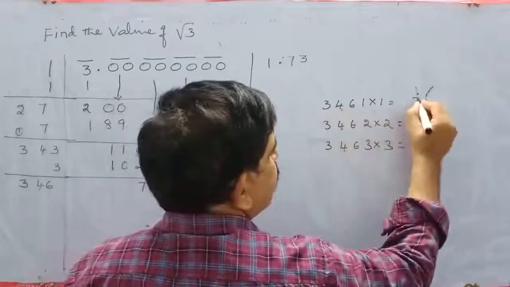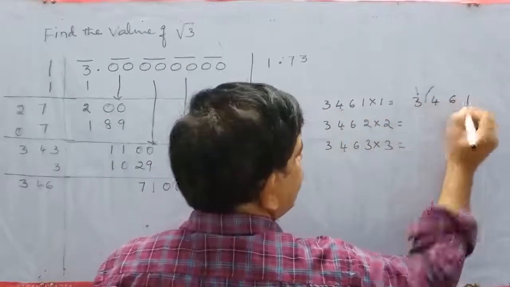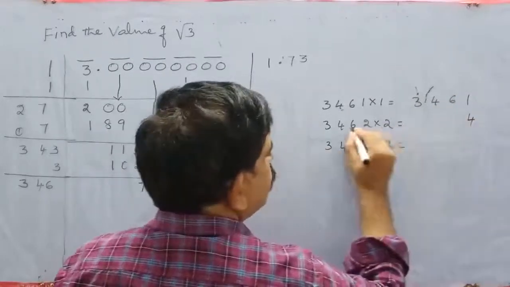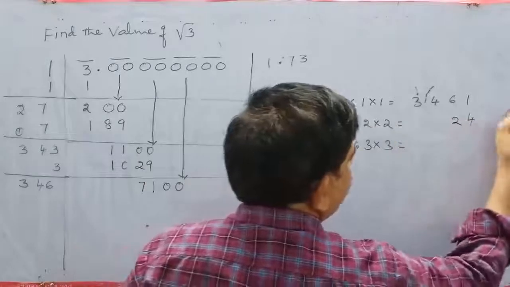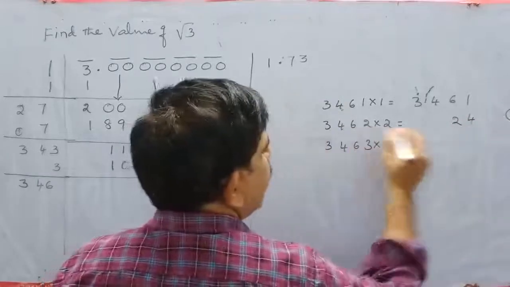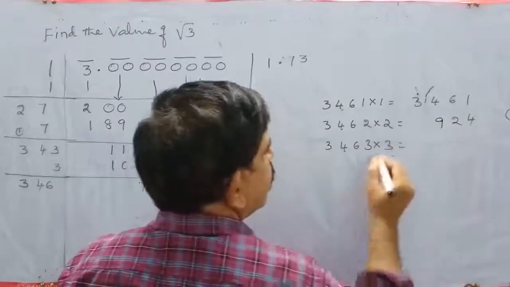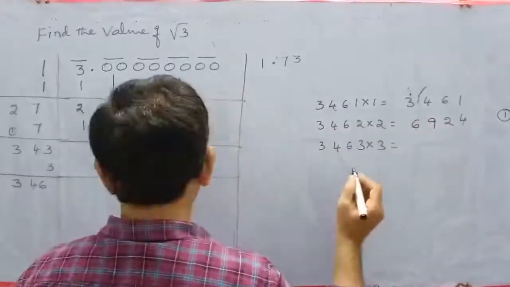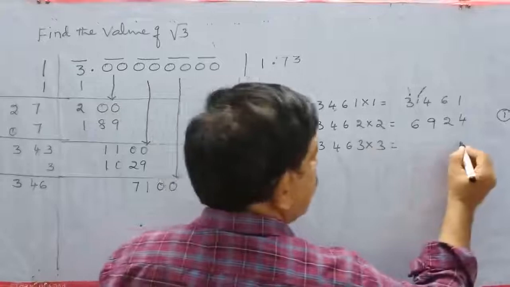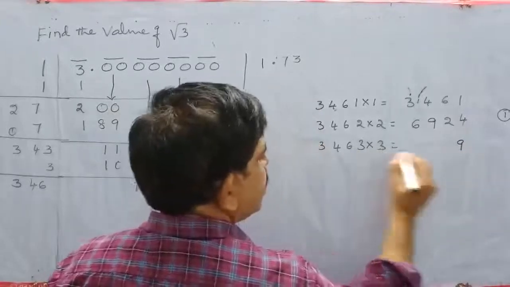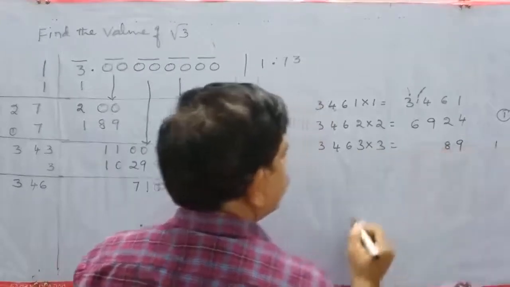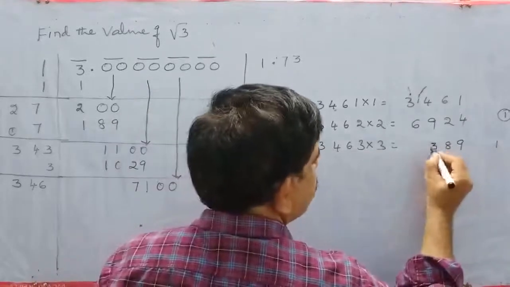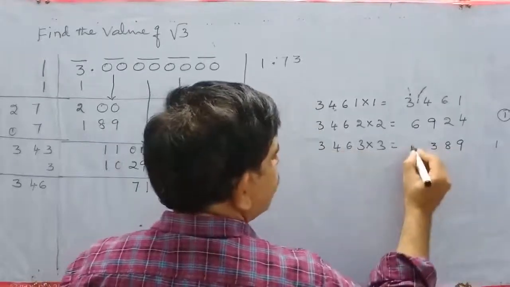3461 ones are 3461. Next 2 2s are 4, 2 6 are 12, 1 remainder, 2 4s are 8 plus 1 9, 2 3s are 6. Next one 3 3s are 9, 3 6 are 18, 3 4s are 12 plus 1 13, 3 3s are 9 plus 1 10.